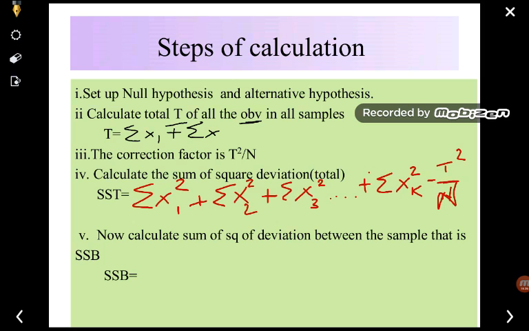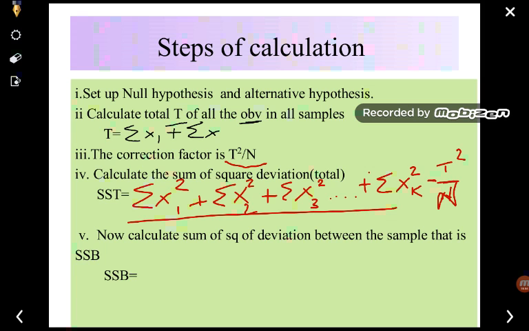In the third step we have calculated T square by n. So we have to follow this step by step, and then only calculate the next step. Whatever answer we get, we subtract T square by n from it. In this way we calculate the SST.